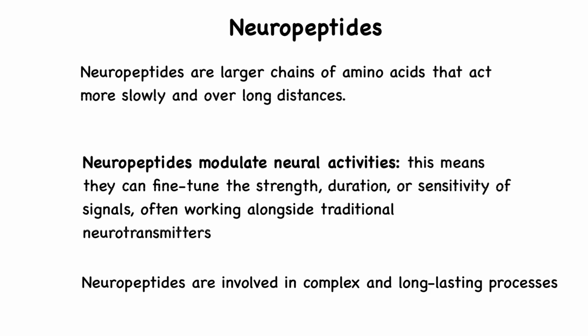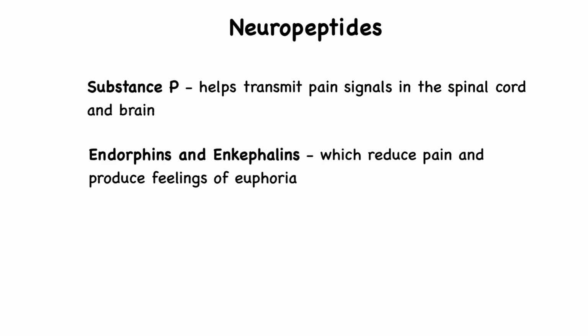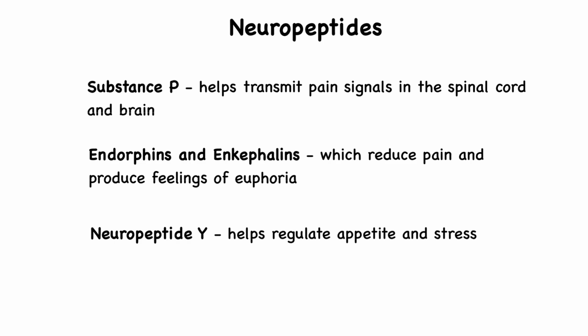Some well-known neuropeptides include substance P, which helps transmit pain signals in the spinal cord and brain, and the body's natural opioids, endorphins, and enkephalins, which reduce pain and produce feelings of euphoria. Others, like neuropeptide Y, help regulate appetite and stress.